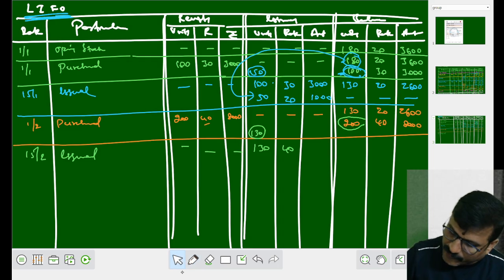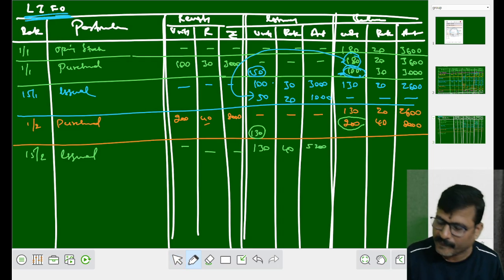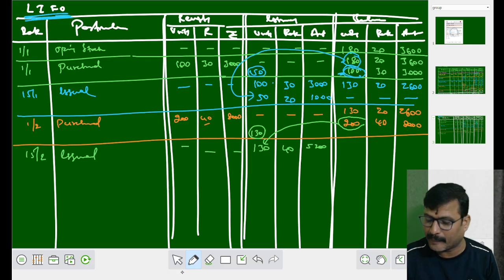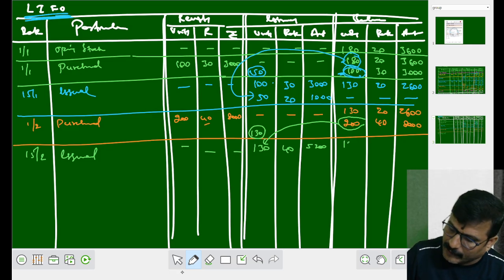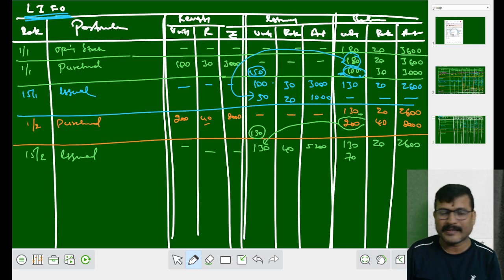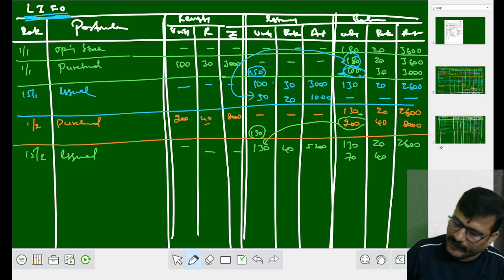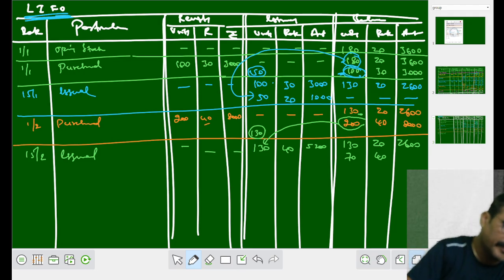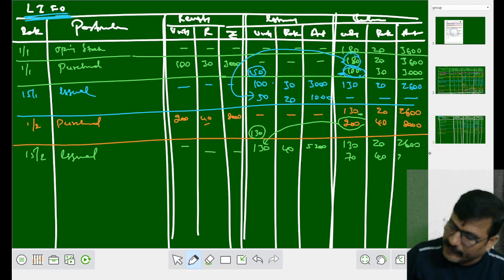It comes to rupees 5200. Out of 200, you gave 130. The first lot of 130 remains the same. Out of 200, 130 given, the balance is 70 at the rate of 40. 70 into 40 is 2800.